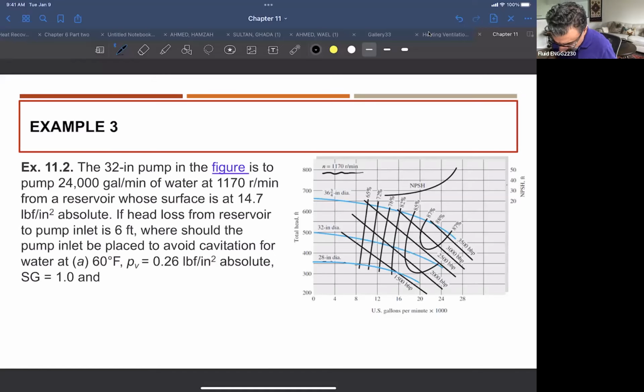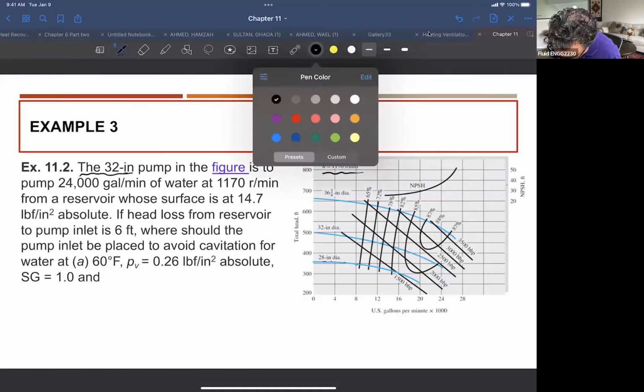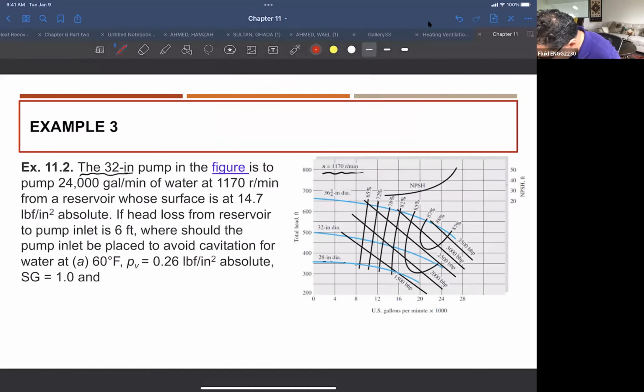So it depends on which one. So this is the 32-inch pump, which means that in this case, I will highlight this. So this is basically the pump that we're talking about here. We have to ignore the other two blue lines here because this is not part of this problem, right? So this is only the 32-inch pump.